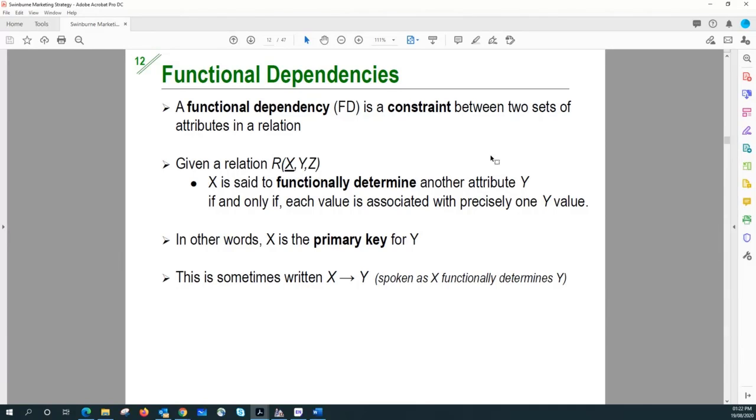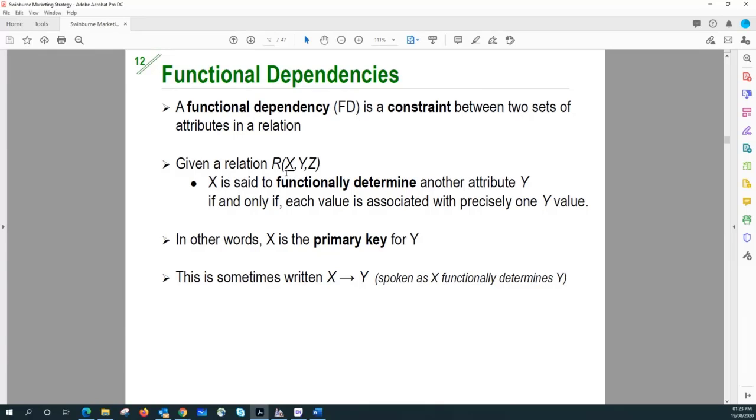But there is a constraint between the attributes. For example, if I have a relation called R, and then I have three attributes called X, Y, and Z, and I underline X, what do you mean by this underline? Underline means that's a primary key, yeah?